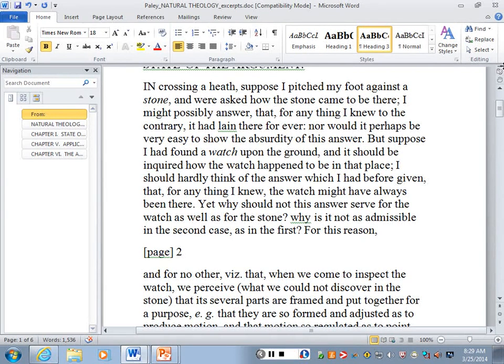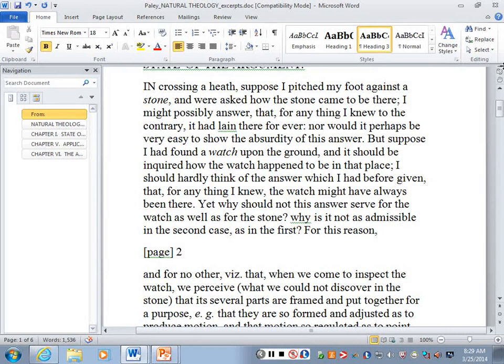But you can see his point. The watch, unlike the stone, has an inner mechanism, parts that work together to fulfill a purpose. And so he's going to make Aquinas' point that this didn't happen by accident.